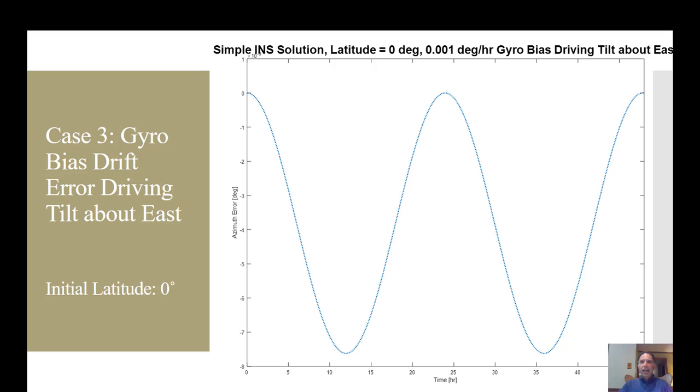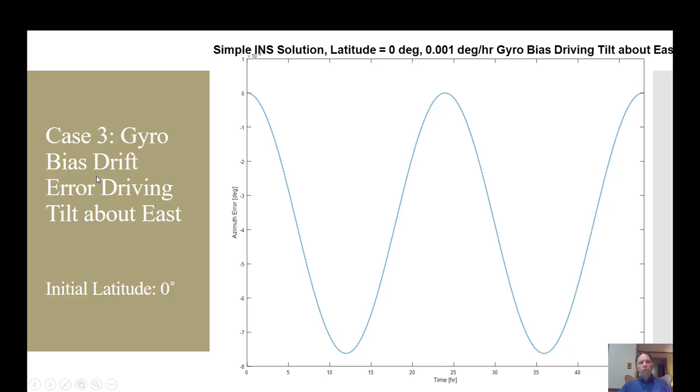And again, we're using a gyro bias error of 0.001 degrees per hour, which is a medium to high quality gyro in general. Remember, we talked about 0.01 degrees per hour residual bias as, in effect, a rough number for a navigation grade. When we get sometimes better than that, we're going towards strategic grade, but not quite strategic grade.